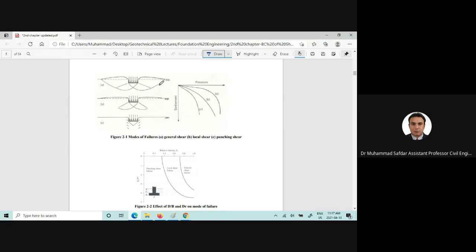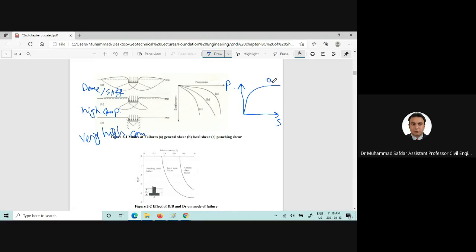Here an illustration is also made. For example, this is for the dense or stiff soils, this one will occur for the high compressibility soils, and this one will occur for very high compressibility soils. If you want to draw this graph in a different format, for example, this is the pressure and this is the settlement, and you will see an initial increase here.